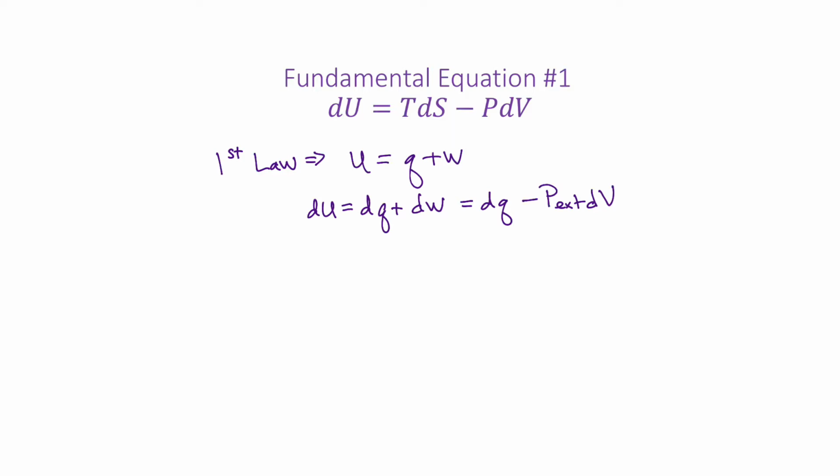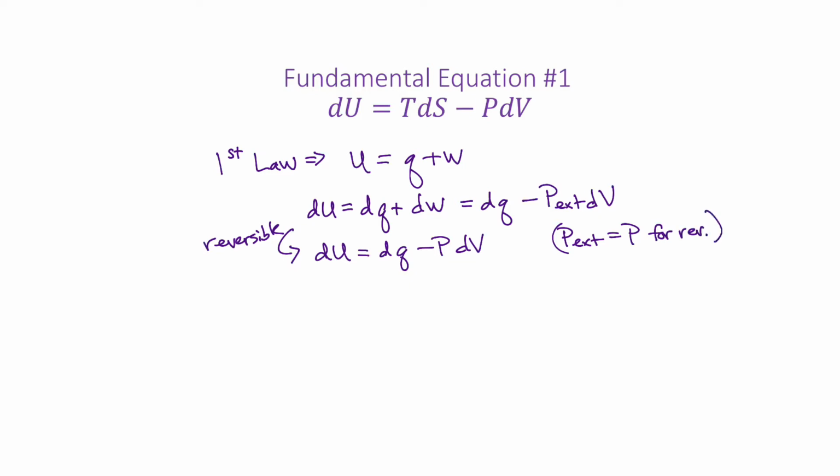We can make one more assumption that we have a reversible process, and that allows us to rewrite this as dU equals dq minus P dV. Remember, P external equals P for a reversible process.